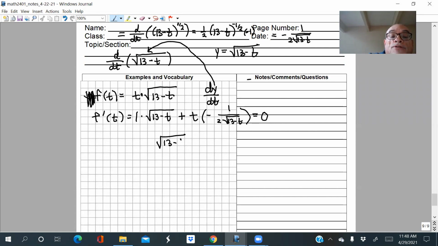It's square root of 13 minus t, minus t over 2 times the square root of 13 minus t, equal to 0. Wow, now we are left with a formidable algebra problem here, or it looks kind of formidable anyway. We have to solve this equation.